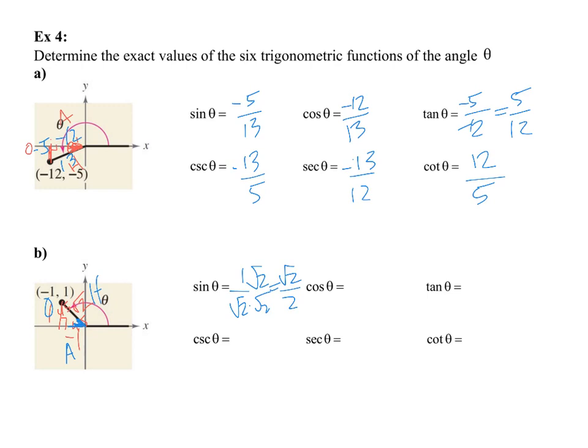Then I have -1 over square root of 2. Rationalize the denominator. Negative square root of 2 over 2. Tangent is 1 over -1. Just gives me -1. And then all my answers, once again, are just the reciprocal. Or sometimes it's easier just to work them out.